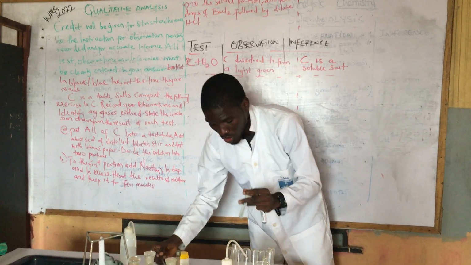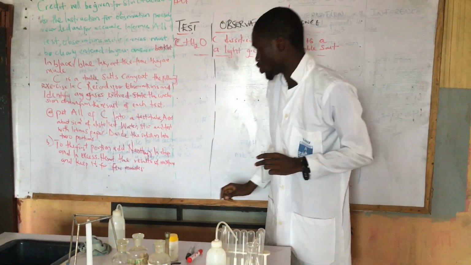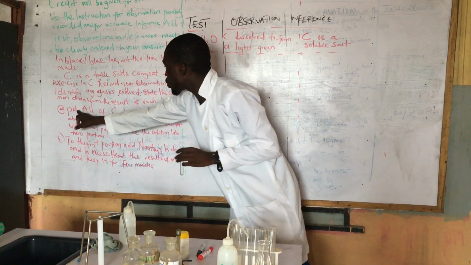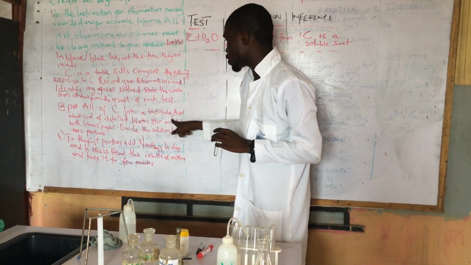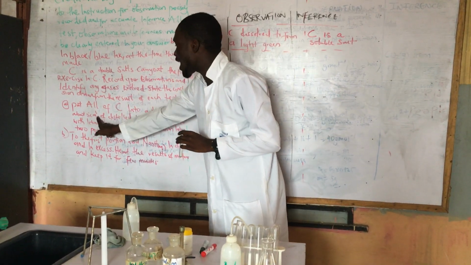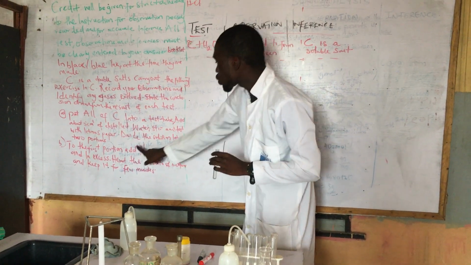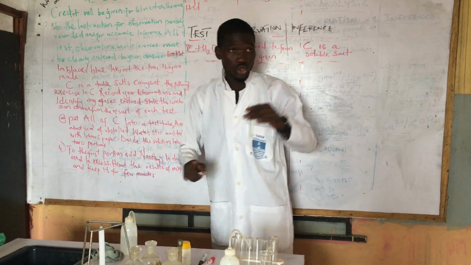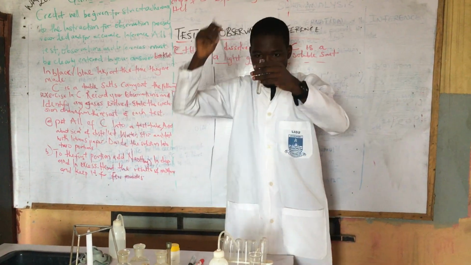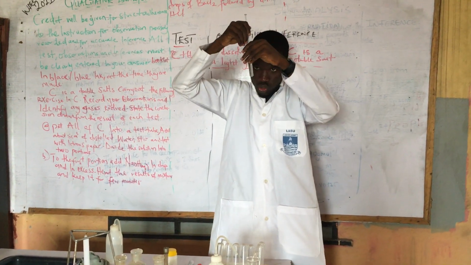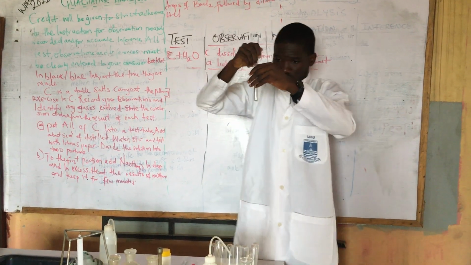The next thing, when you look at the instruction, they say put all of C into a test tube and add about 5 cm³ of distilled water. Stir. Then divide the solution into 2 portions. So I'm going to divide this into 2 portions.